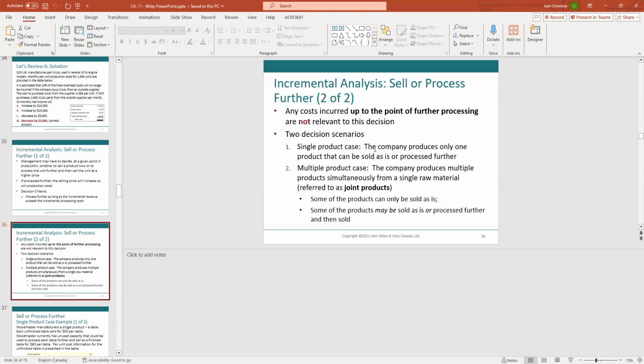For example, I'm producing milk, and from milk I can get cheese, yogurt, cream, half and half, butter, so many things. Should I go for it or not? Again, we chase the additional revenue versus the additional cost to process it into the new product. Some of the products can be processed further, and some we may decide are not profitable.